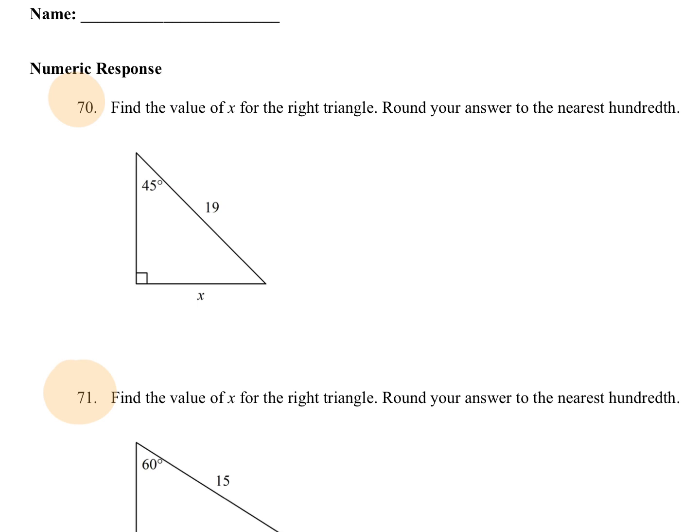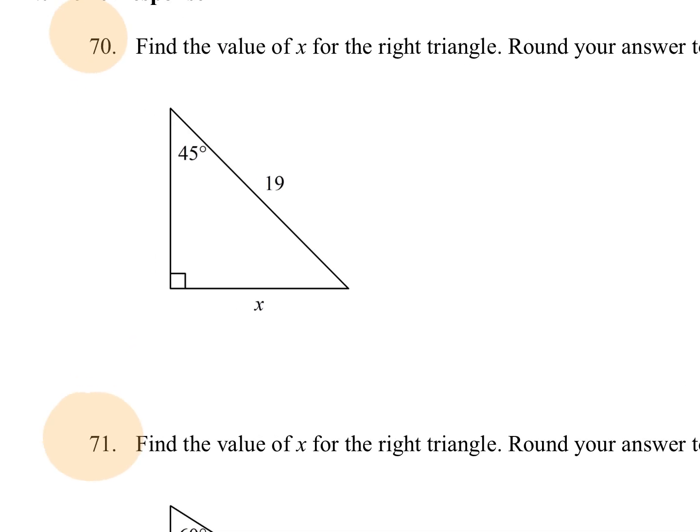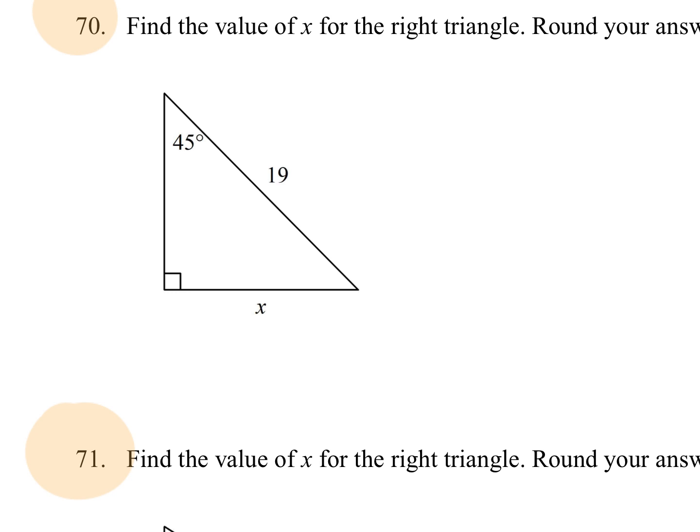So we want to find the value of x for the right triangle. So we are giving you the proportions for a 45-45-90 and a 30-60-90. So you really just have to know what to do with them. Here, the legs are going to be your a, and the hypotenuse is a square root 2. So when we solve for a, we divide by square root 2.